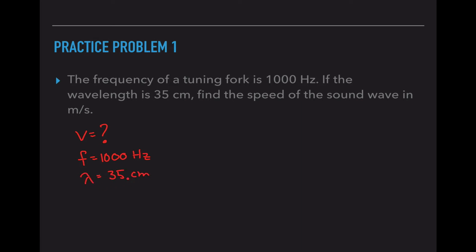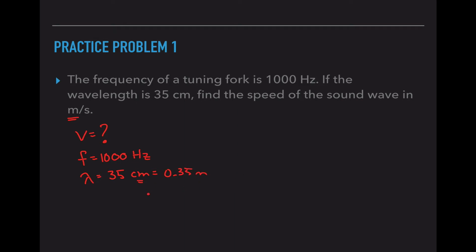Now it asks me for the final answer in meters per second, and it gives me wavelength in centimeters. So I want to convert that, and I'm going to do that first. I know that there's 100 centimeters in 1 meter. So to go from centimeters to meters, I need to divide by 100, which is 0.35 meters.